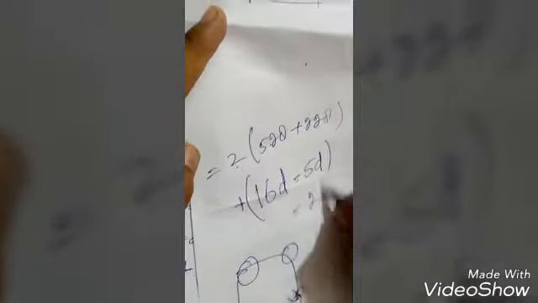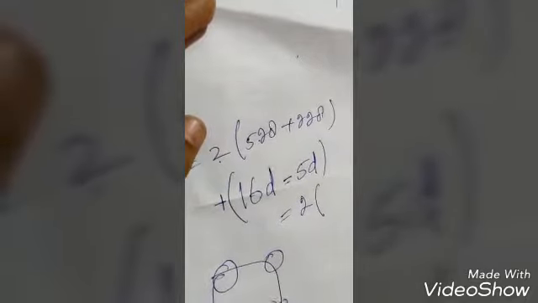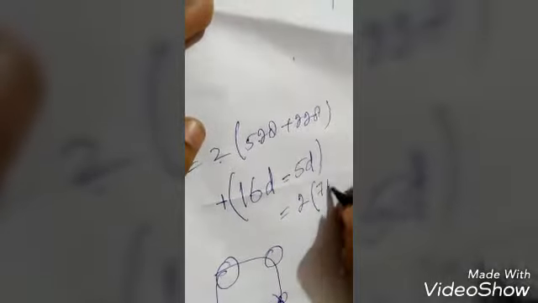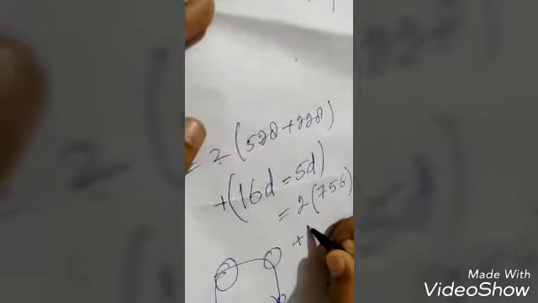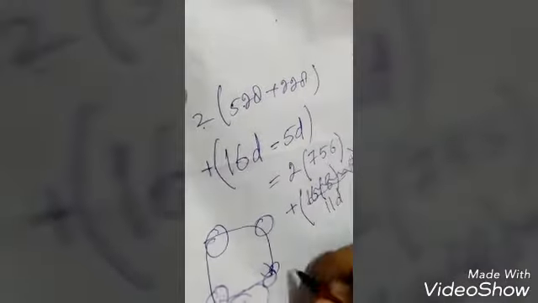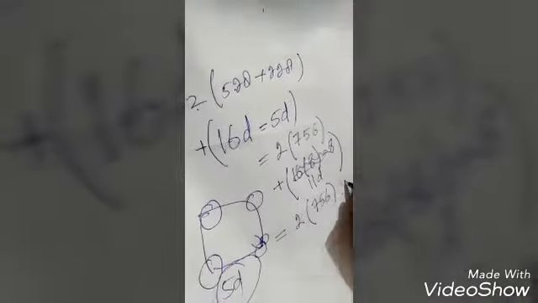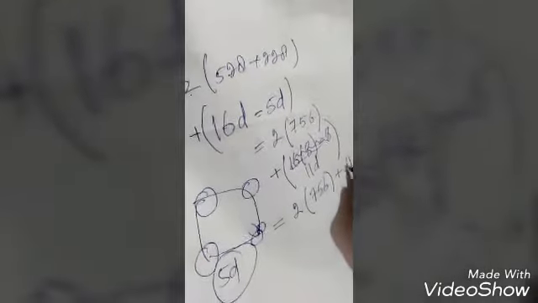So I got 2 into 528 plus 228, which is 756, plus 16 D, where D is the diameter of the stirrup, that is 8, minus 5. I can simply go like this: 16D minus 5D is simply 11D. So I got 2 into 756 plus 11D, 11 into 8, that's 88.